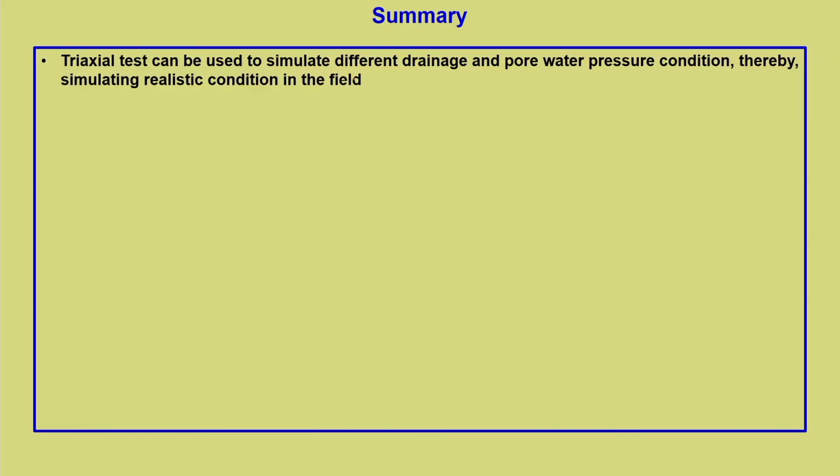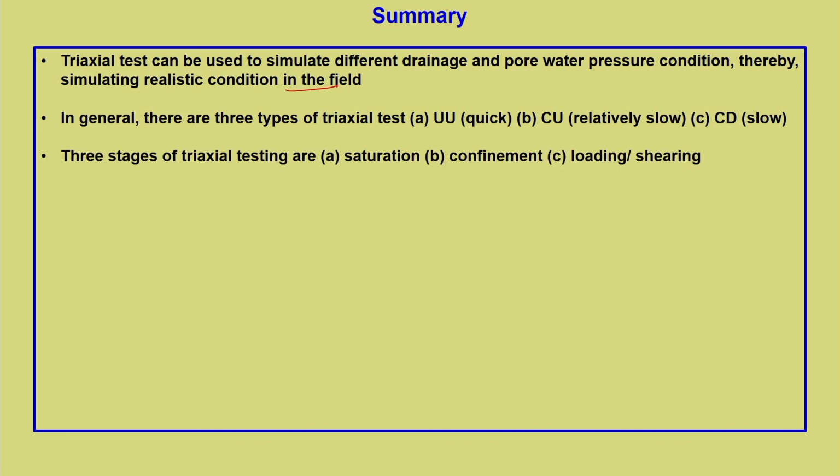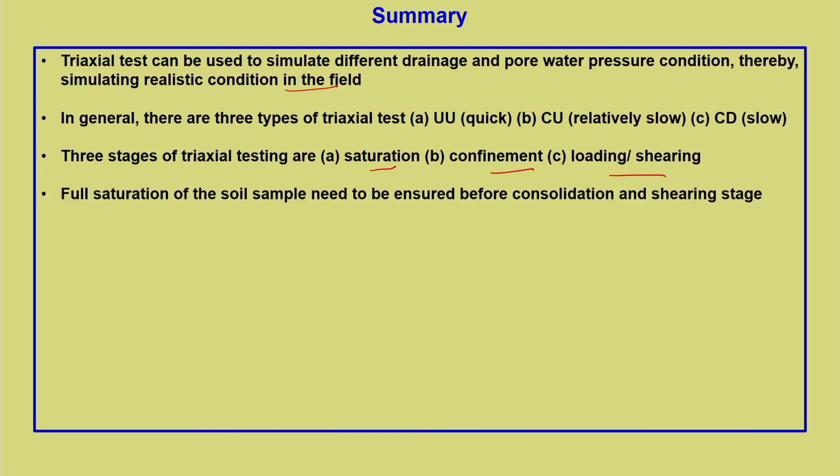Triaxial tests can be used to simulate different drainage and pore pressure conditions, thereby simulating realistic conditions in the field. In general, there are three types of triaxial test: UU, CU and CD. There are three stages required in triaxial testing: saturation, confinement and loading or shearing.